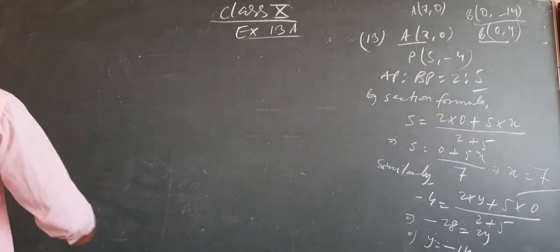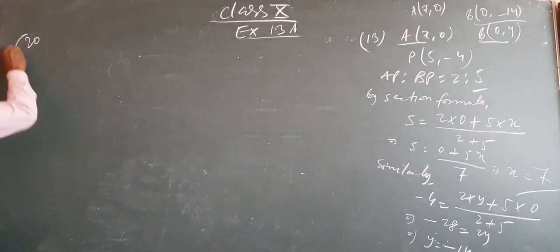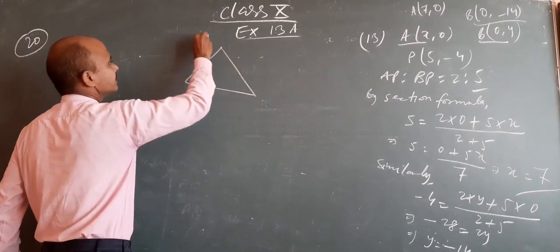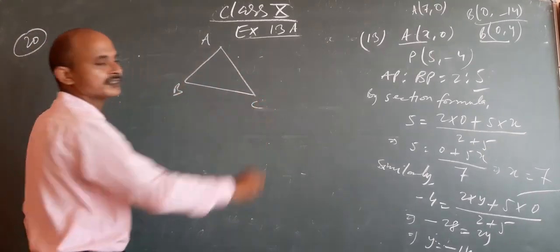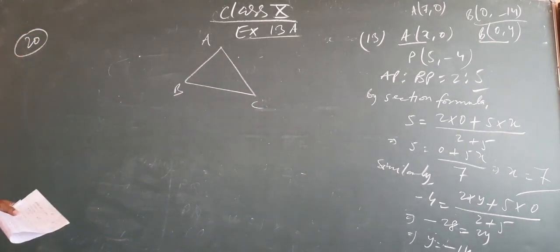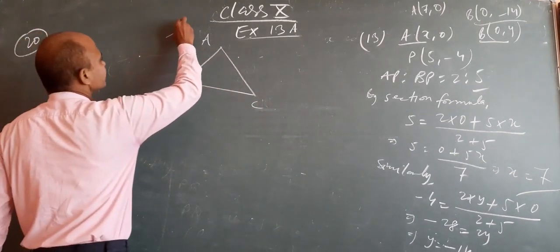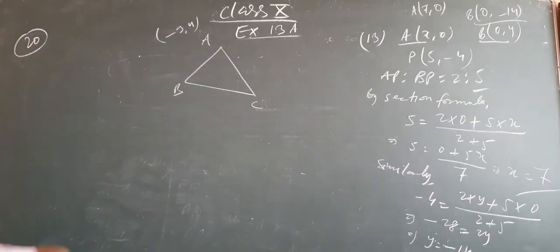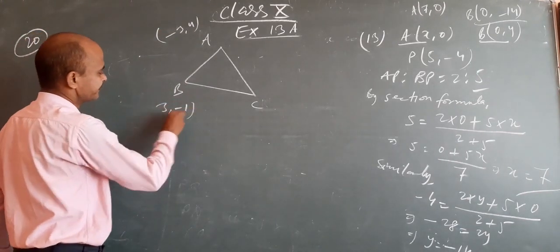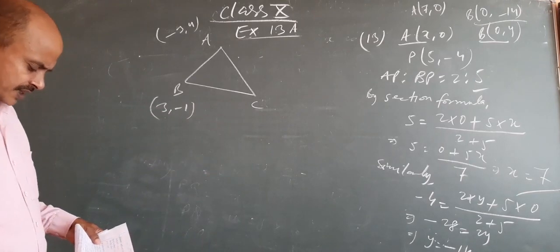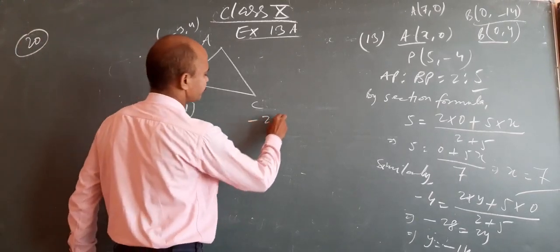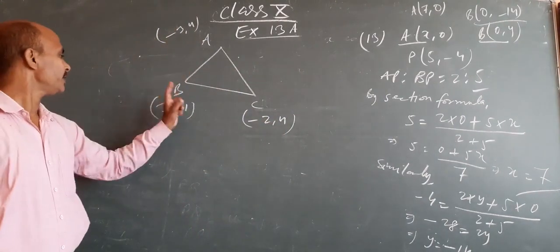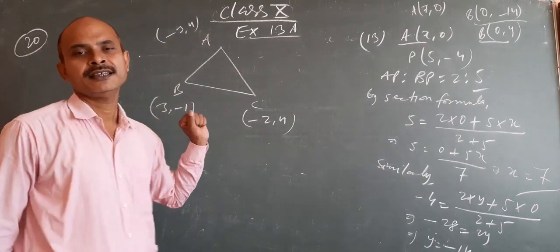The coordinates of A are (-3, 4). Coordinates of B are (3, -1). And coordinates of C are (-2, 4). These are the coordinates of A, B and C.